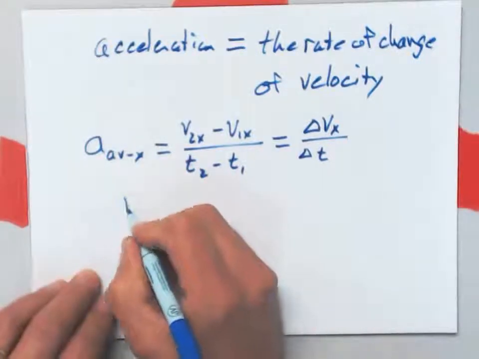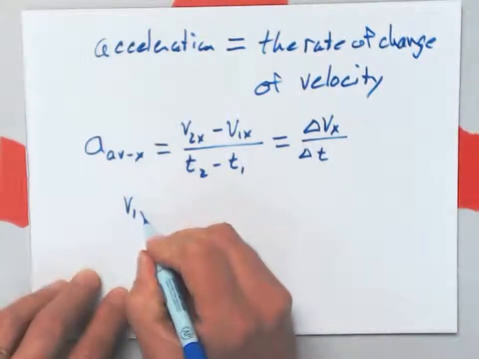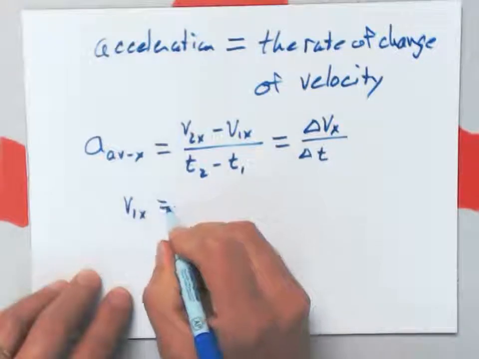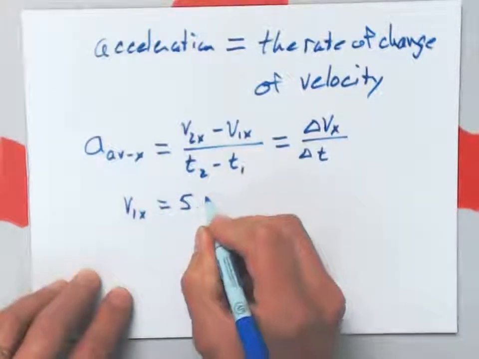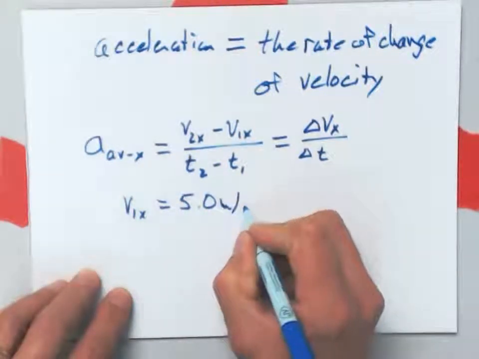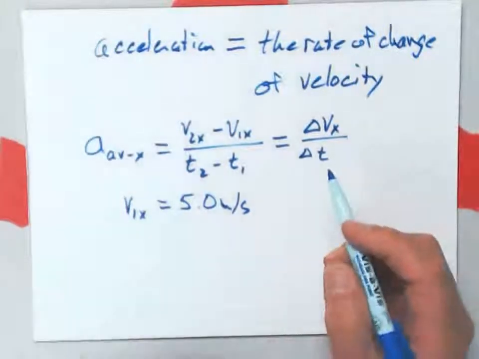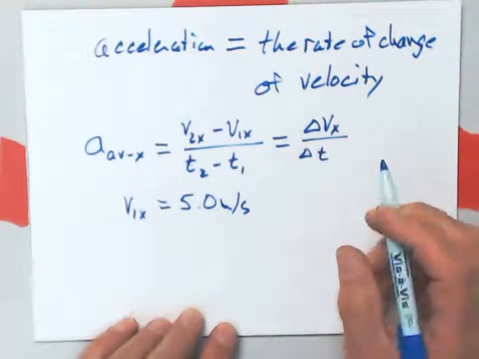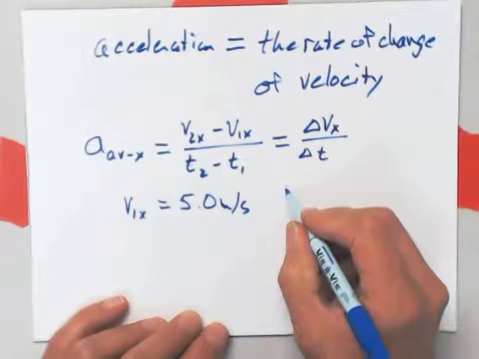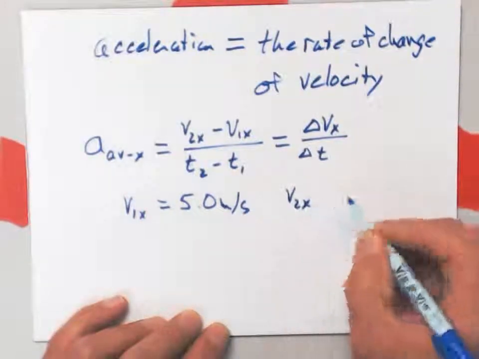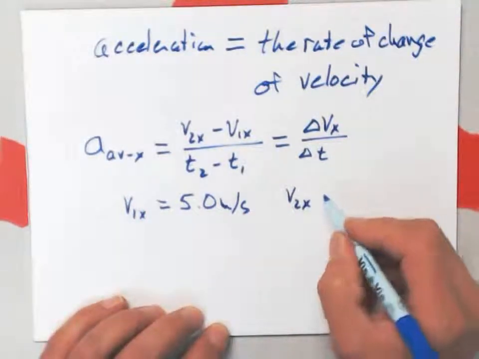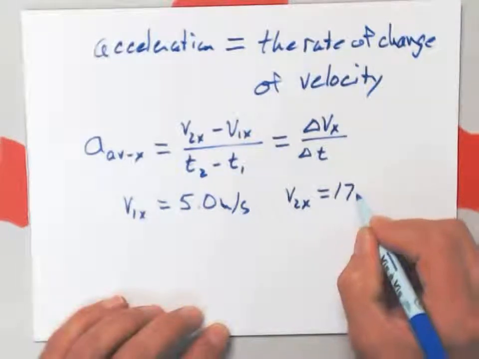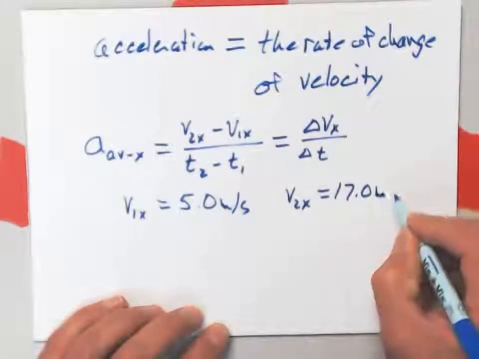Let's suppose that at time 1, the velocity in the x direction is 5.0 meters per second. It's got a plus sign, so I know it's going in the increasing x direction. v2x, that's the velocity at time 2, would be 17.0 meters per second.